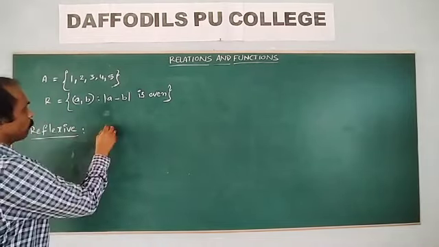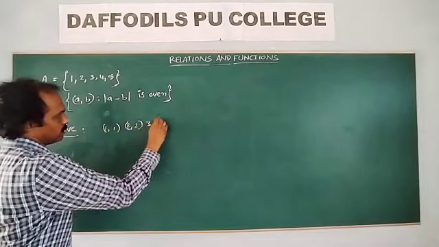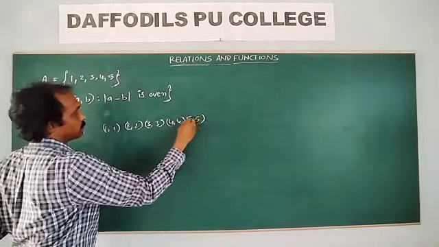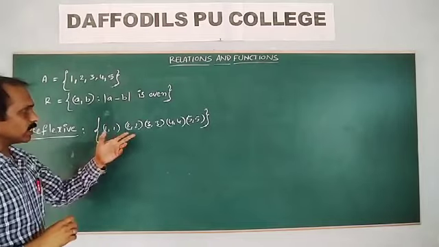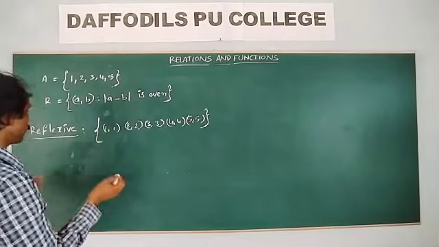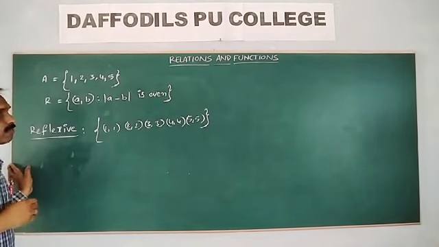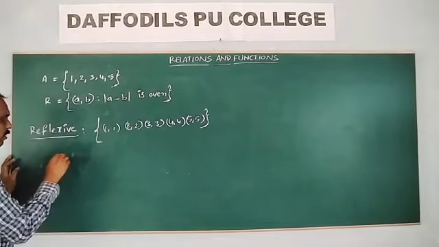Consider any element: (1, 1), (2, 2), (3, 3), (4, 4), (5, 5). Either a is equal to 1, 2, 3, or 4, so it satisfies the reflexive relation. Take a is equal to 1.